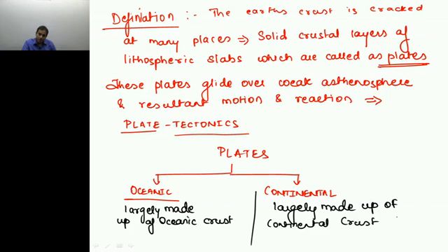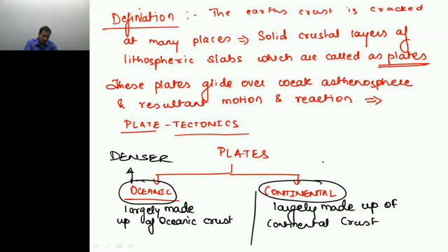And based on this, we have different kind of motions, different kind of reactions. Now again, our previous knowledge will tell us that the oceanic plate is denser as compared to the continental plate, which is comparatively lighter.